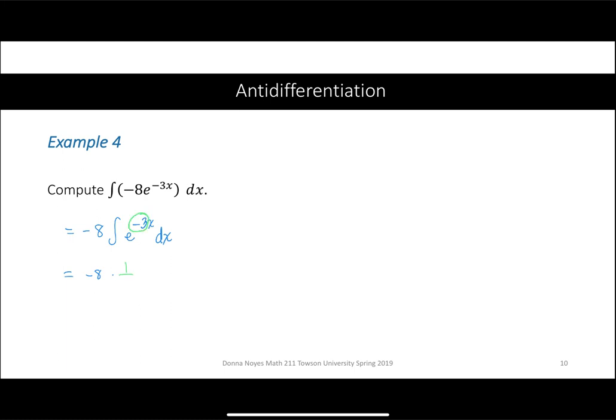So we get 1 over -3 e to the -3x, and then plus c. And the only simplification we need to do is -8 times -1/3, which gives us 8/3 e to the -3x plus c.